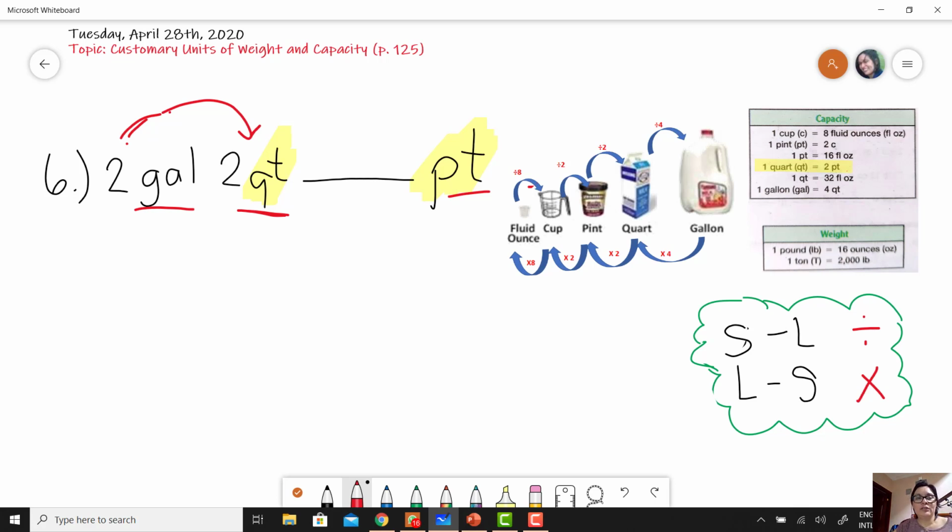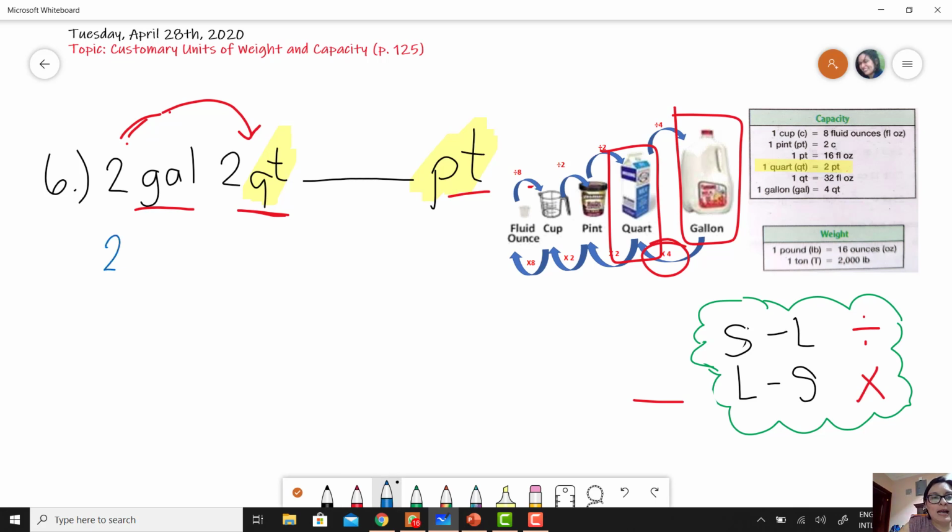So in 2 gallons, how many quarts do we have? Gallons to quarts. We are changing from large to small. So that means that we have to multiply times 4. Okay? So you have to multiply 2 gallons times 4.